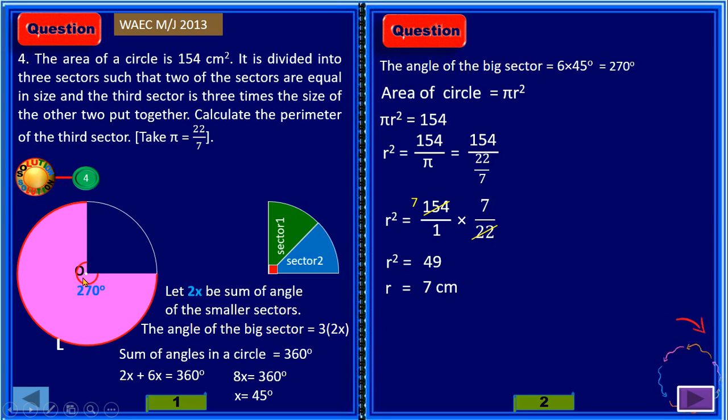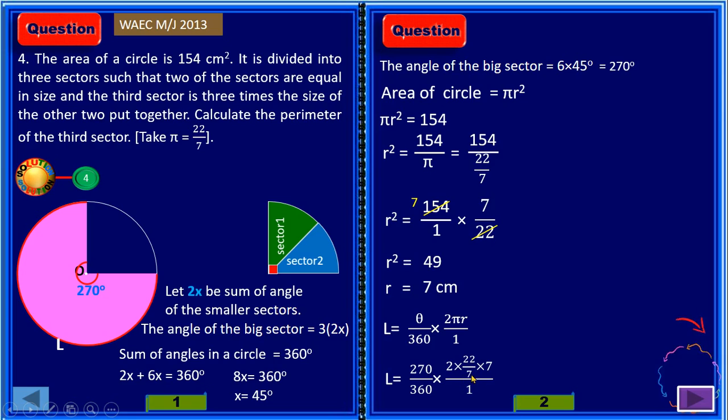The angle at the center is 270 degrees, and the length of that arc is represented by this L. We know that L is equal to theta over 360 times 2 pi r. This is the circumference of the circle, and this is the angle subtended by this arc at the center. So we are going to replace theta with 270 degrees and pi with 22 over 7.